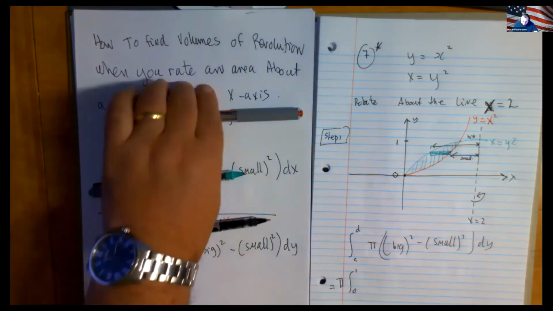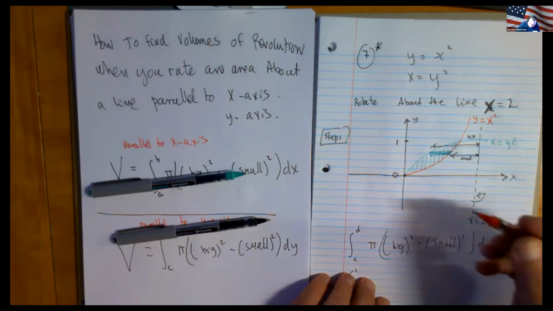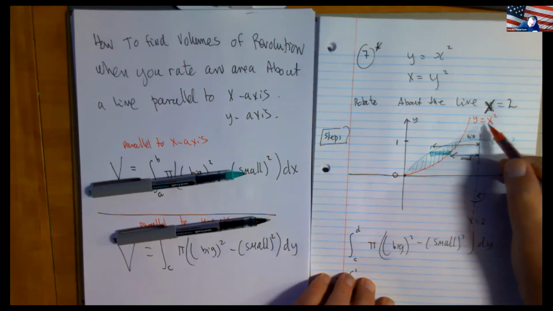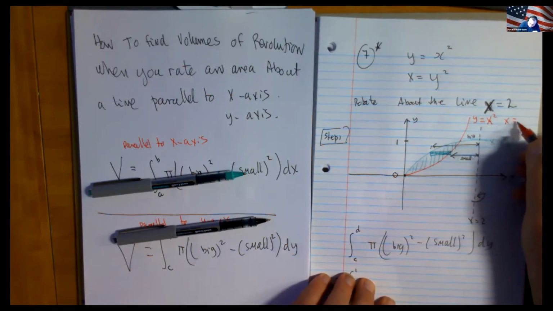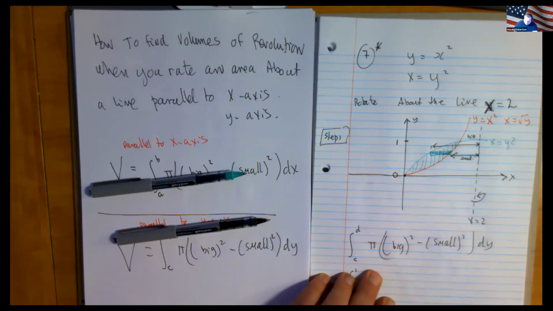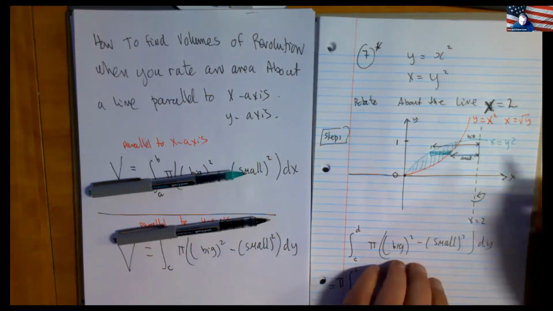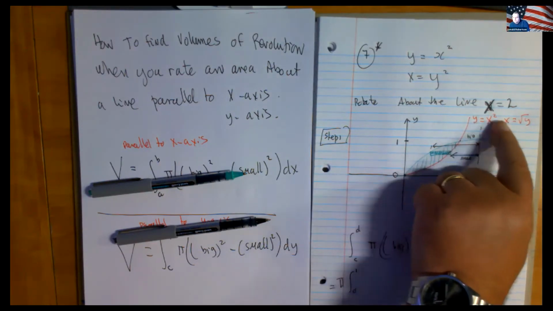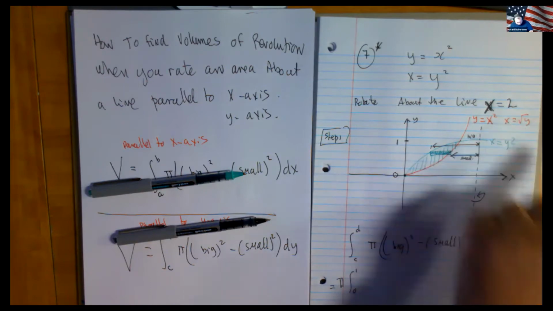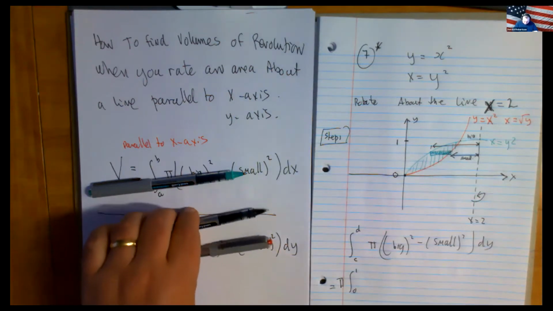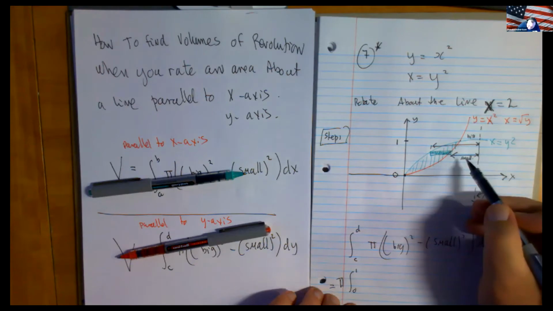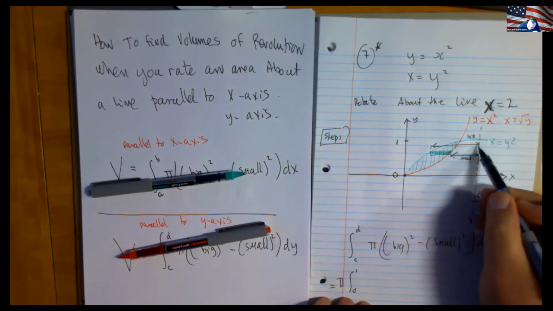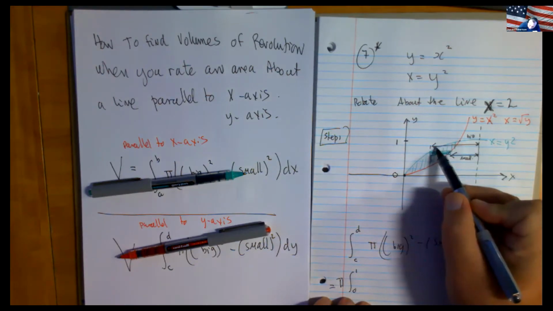Now that does mean I'm going to have to change one of my equations. This equation up here is also the same thing as that one. You agree that y equals x squared is the same thing as saying x equals square root of y. Well, let's do the distance from here to this curve.